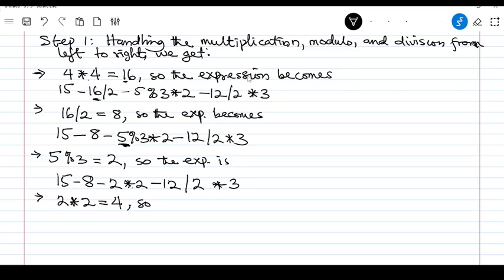And so the expression is, we're now going to plug in 2 times 2 as 4. So 15 minus 8 minus 4 minus 12 divided by 2 times 3.